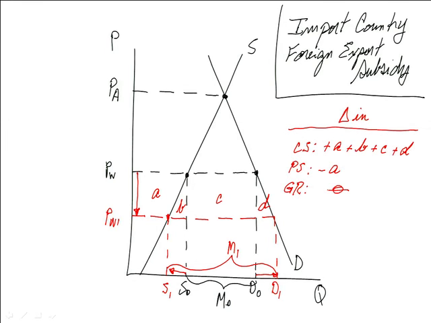So our net effect on welfare would be plus B, plus C, plus D. So D and B are our production and consumption distortions, and C is our terms of trade.